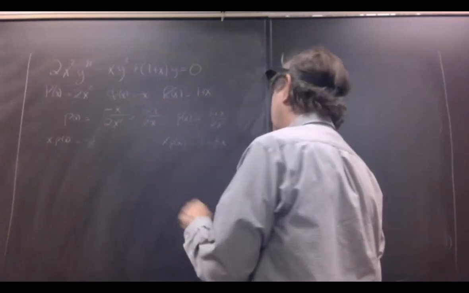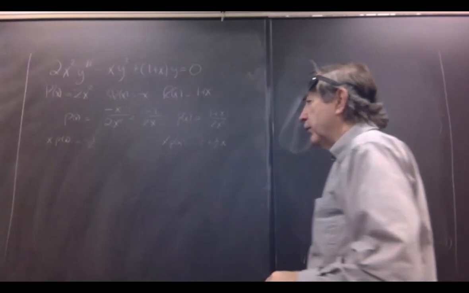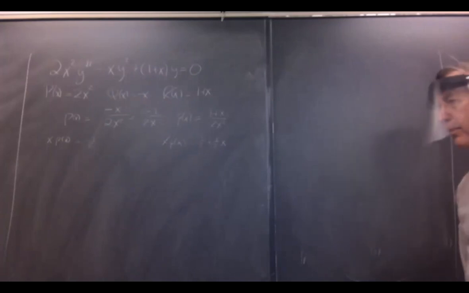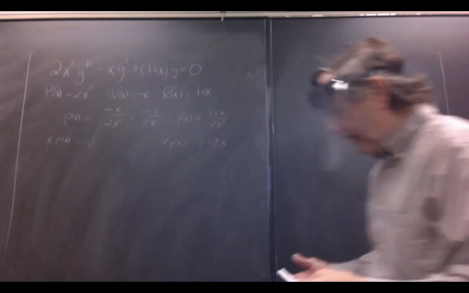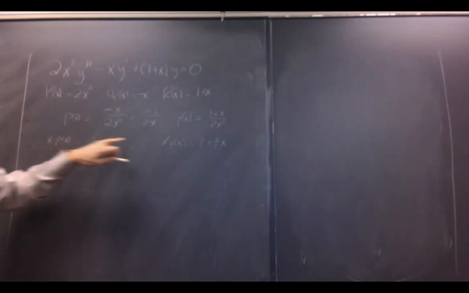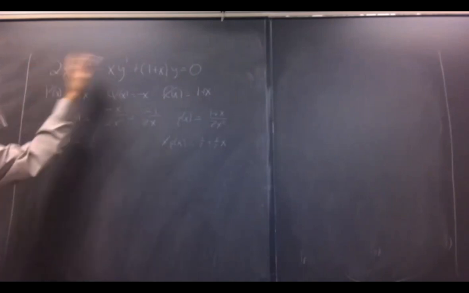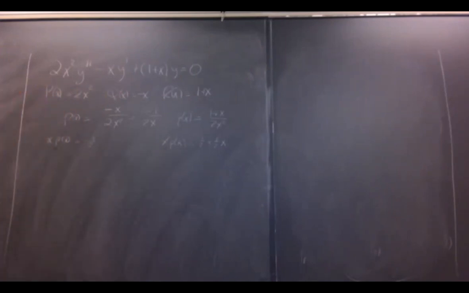Now, I wrote that out for other reasons, but it's 1/2 times 1 plus x. Those are both analytic functions. Both of them are polynomials, and therefore we go back to the theory. The theory basically says if x p of x is analytic, which it is, and if x squared q of x is analytic, which it is, then we have a way that we're going to solve the problem.